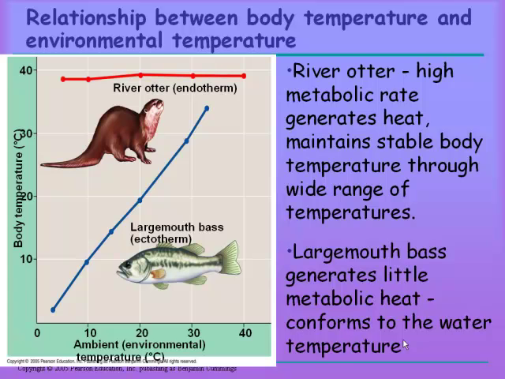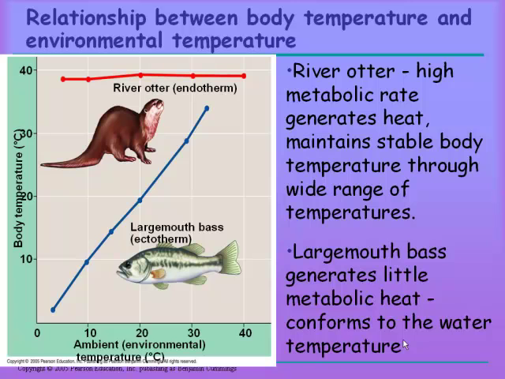Okay, this is the relationship between body temperature and environmental temperature. You're comparing an endotherm, a river otter, and an ectotherm, this largemouth bass. So you can see the river otter has a high metabolic rate. It generates heat, maintains stable body temperature through a wide range of temperatures.